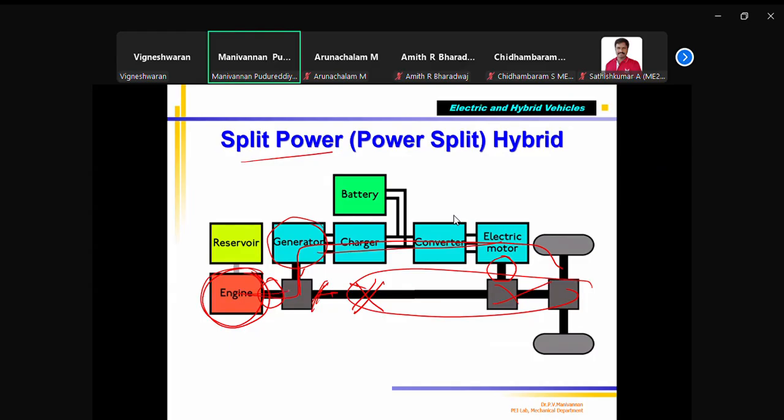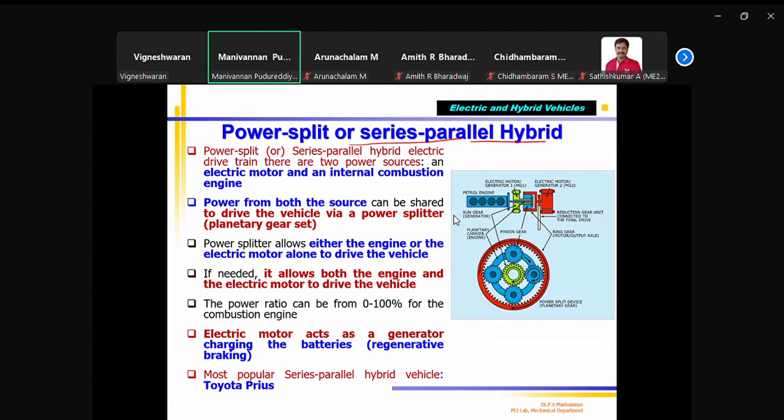So the engine will drive the generator. The generator output will be converted and given to the converter and the electric motor, and the energy may be stored in the battery. So it becomes a series hybrid. So this split power can work as a pure series hybrid or a parallel hybrid also. That's why it's sometimes called series parallel hybrid. Anytime you can make it a pure series or parallel.